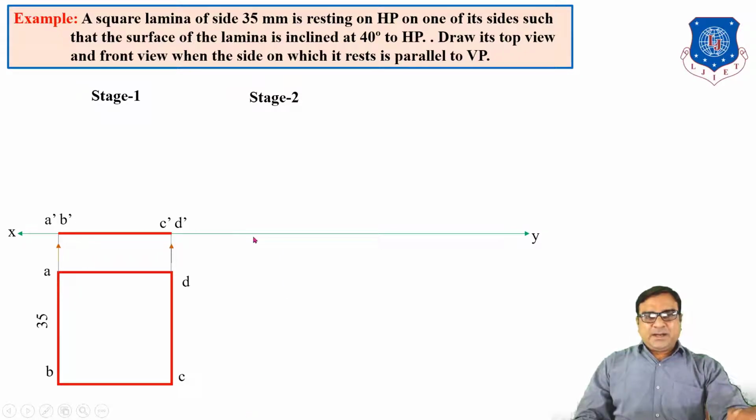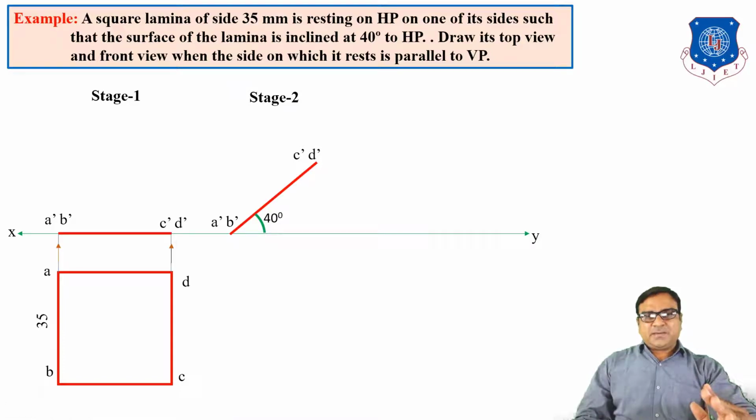So put A dash B dash on XY first and then draw a line at 40 degree, and the length of this line is exactly the length of the earlier line. So A dash B dash and C dash D dash is the front view of the plane when the surface is inclined 40 degree.